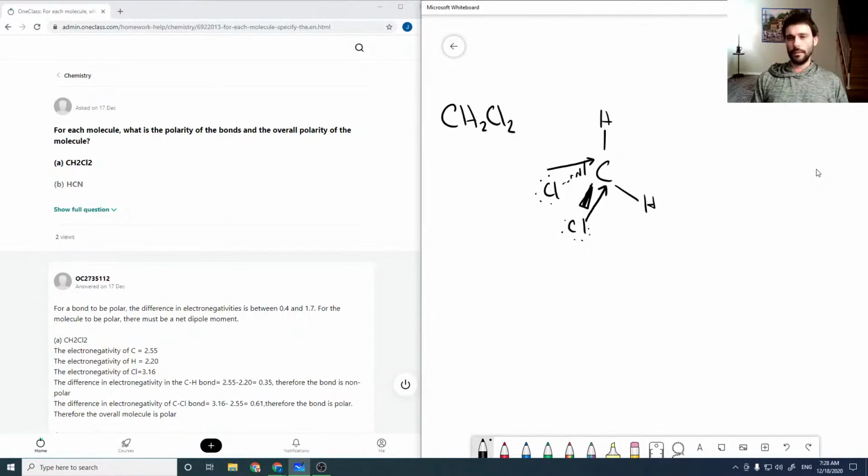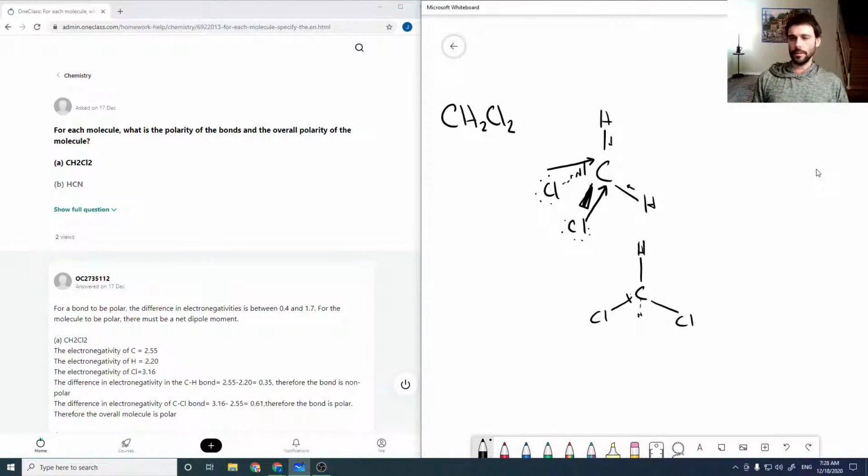Although you will get a minor dipole from carbon-hydrogen bonds, it's definitely not going to be as high as for carbon-chlorine. Because this is a tetrahedral shape, if I tilt this like this, then our hydrogens would actually be more like that.